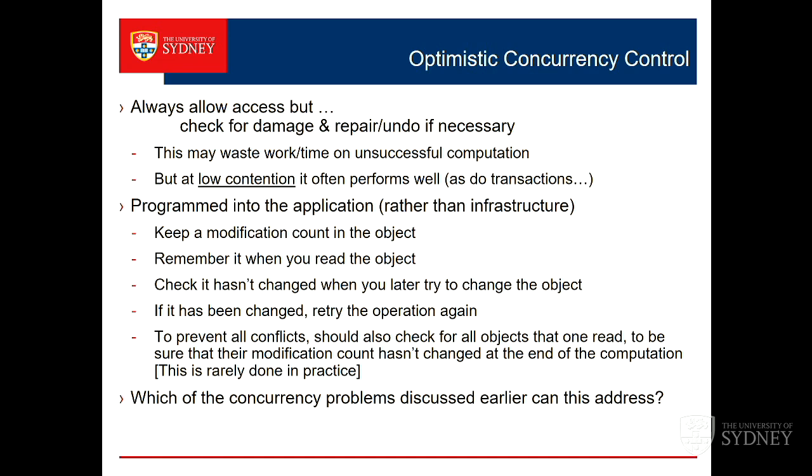And then when you read an object, you not only get the data values, but you also get the timestamp. I have read the version at this particular timestamp of this object. And when you go to update it, you say, I'm going to update it now. Has the timestamp in the database changed?